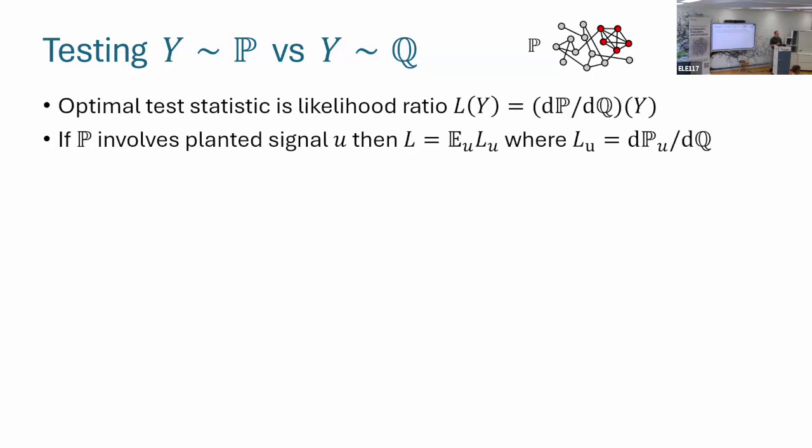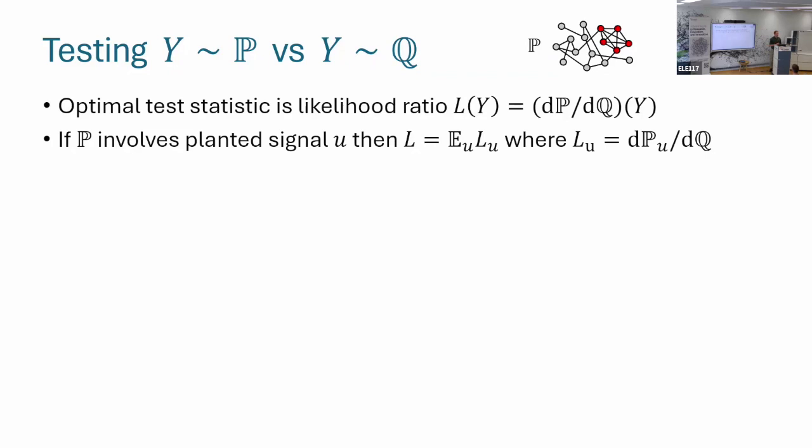Question: in the clique problem, for instance, the distribution is given the location of the clique, then you generate the rest of the graph. Yeah, perfect. You can think of it as a two-stage process where first you choose the location of the hidden clique, and then you draw each edge independently, where the clique edges have probability 1 and all the other edges have probability 1/2.